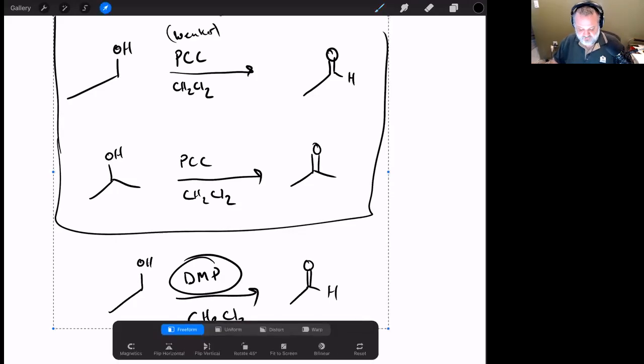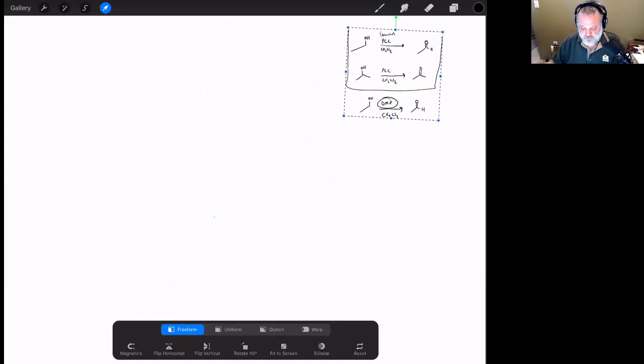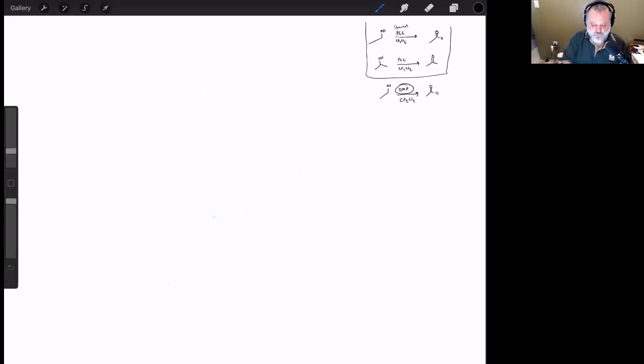All right, so that's it actually. Those are the only new reactions of alcohols that I want you to know aside from the Grignard reaction. So really what we're thinking about are the reagents that we learned. We've learned some reducing agents, and we learned some oxidizing agents.